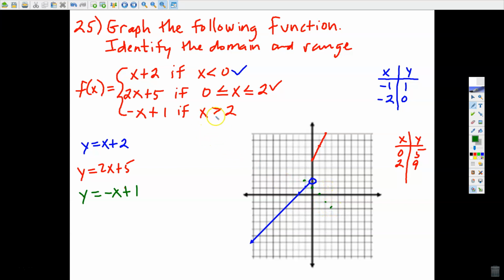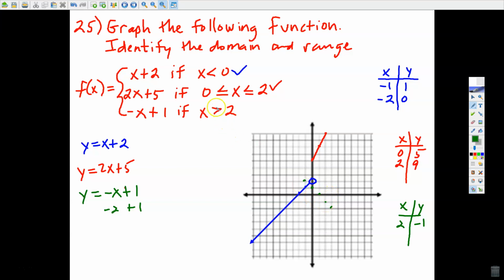But for this line, only x-coordinates that are greater than 2. So let's just start with 2 as an input. If we did 2, we'd get negative 2 plus 1, which is negative 1. So that's this point right here.